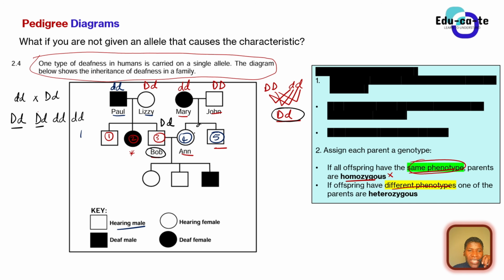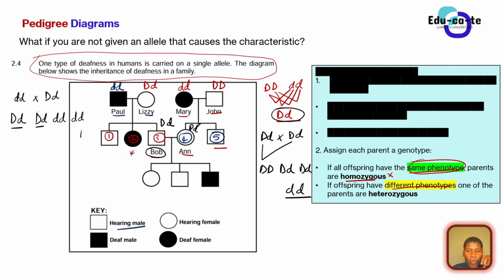We're trying to say that if we cross Bob and Anne, we can have two possibilities: DD, Dd, Dd, as well as lastly dd. So it's either we can have one infected out of 4, or three normal out of 4.